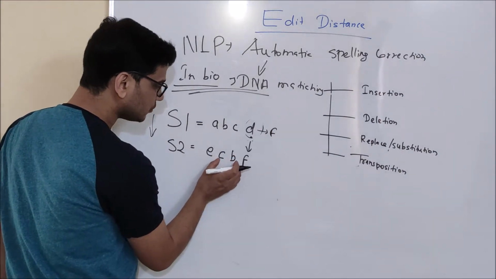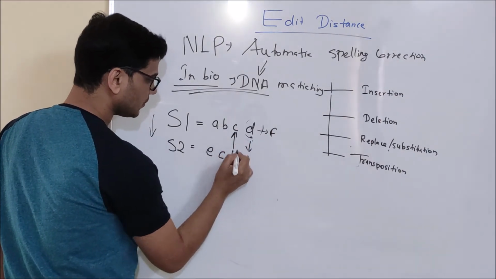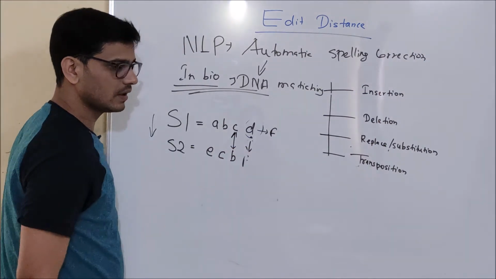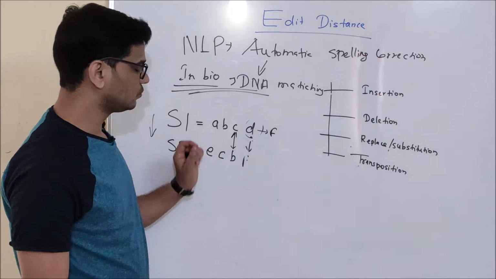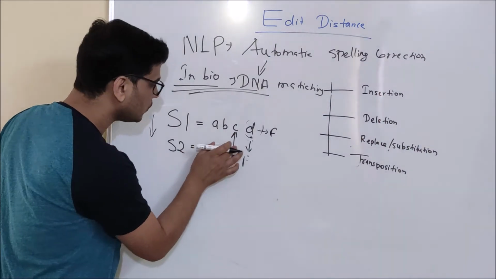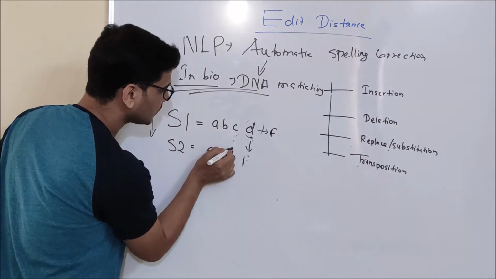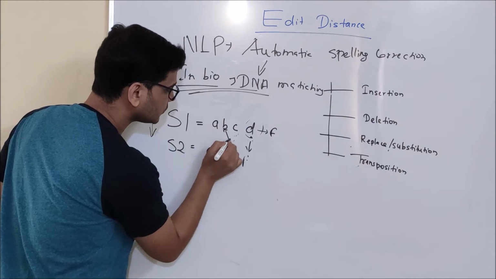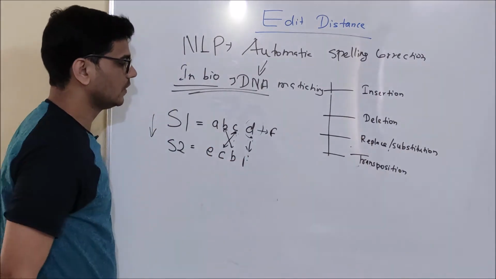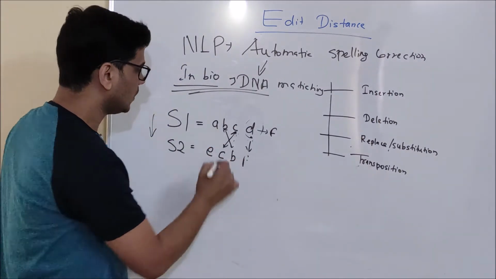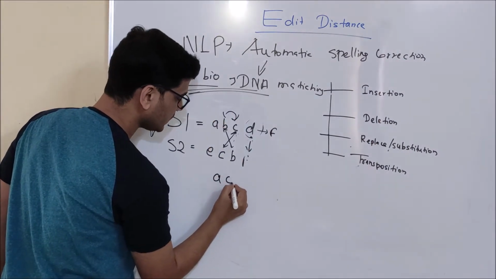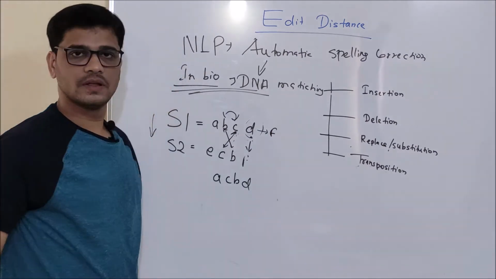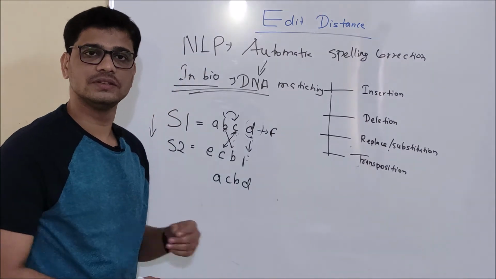To understand transposition, let's come here. Suppose I am matching B and C. And as you can see here, it is not matching. But if you observe it carefully, opposite characters are matching. So here what we can do is swap characters. That is, we can make it A, C, B, D. So this is what transposition is.